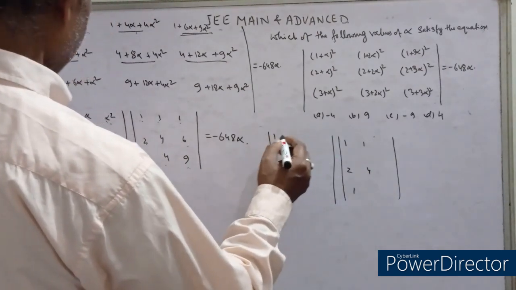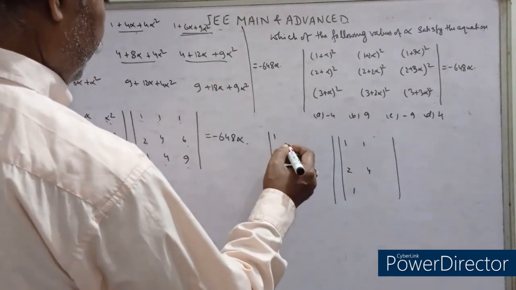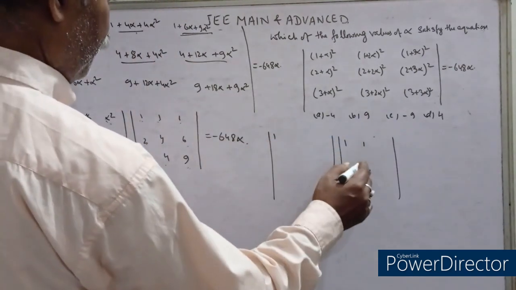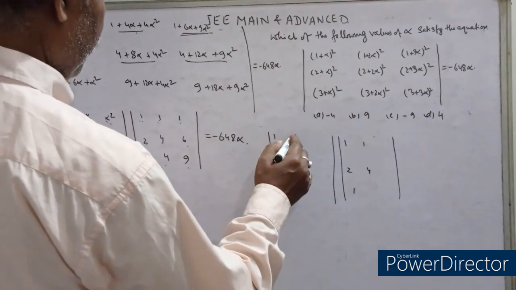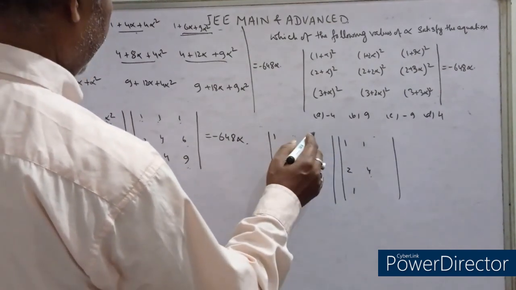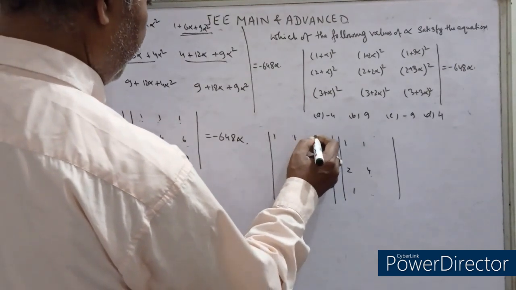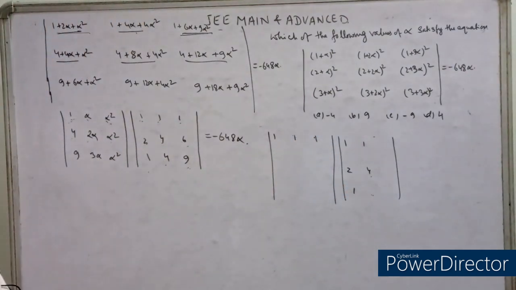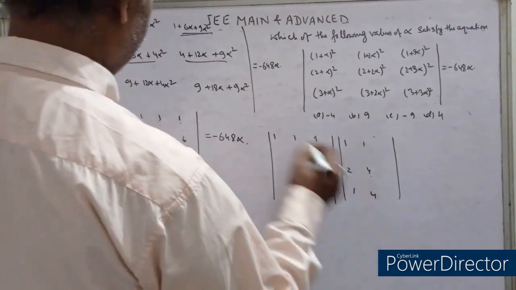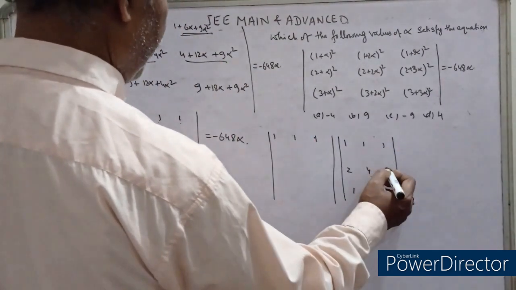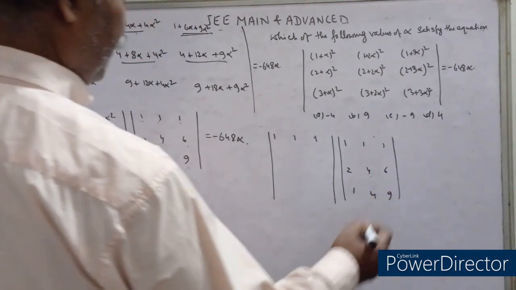Again 1 into 4, then this must also be 1 into 4, and this must also be 1 into 4, so this must be 1 here, this also must be 1. So for this again 1 into 1 and 1 into 6 and 1 into 9, so this must be this.